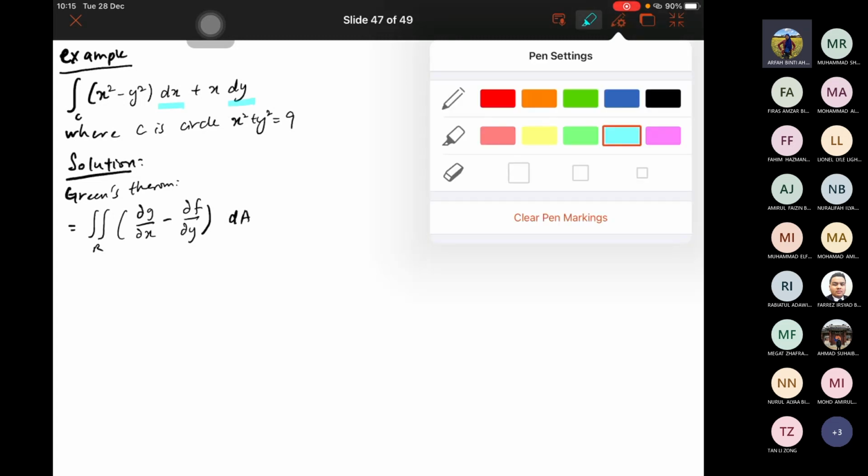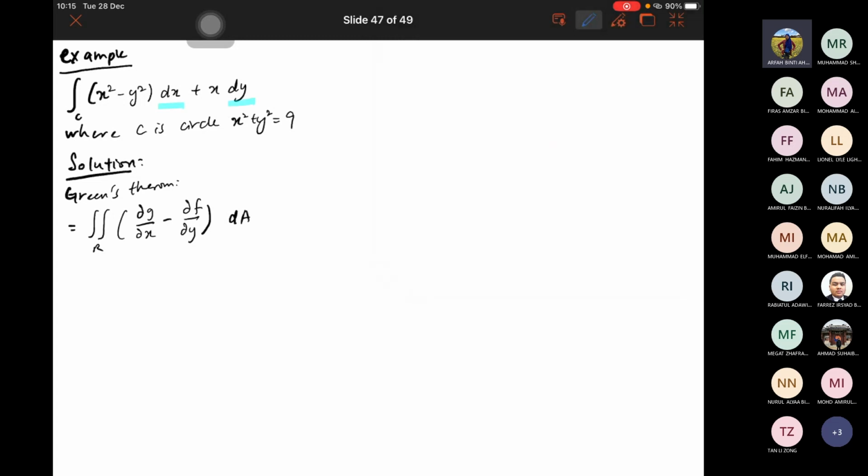This is your, another one is X dy. So from the given equation, F of XY awak adalah sama dengan x squared minus y squared. Okay. G xy sama dengan x. So dapatkan delta f over delta y, delta g over delta x. Apa jawapan dia for this one?